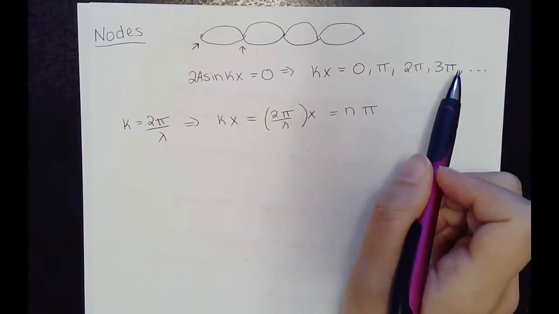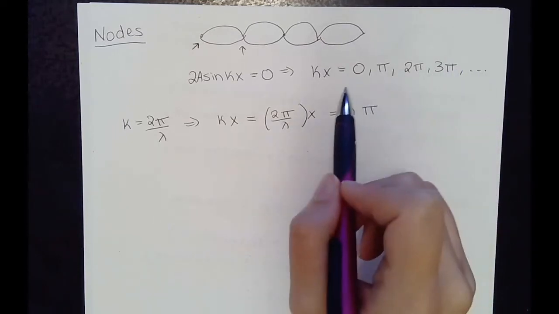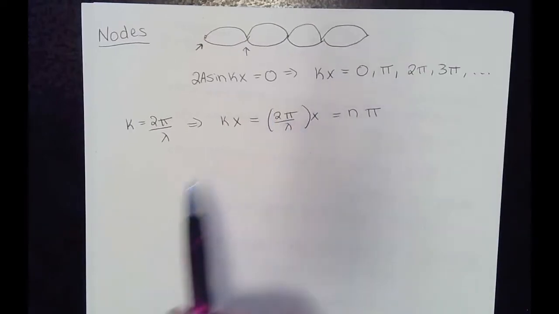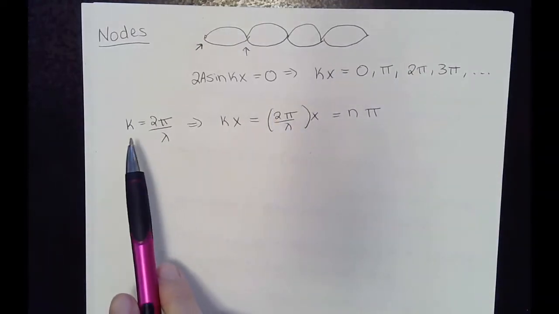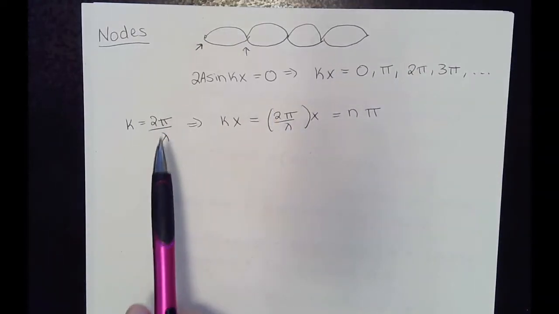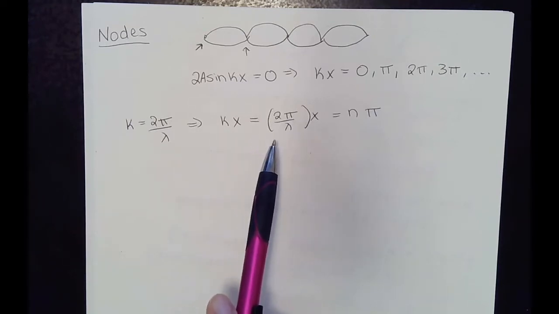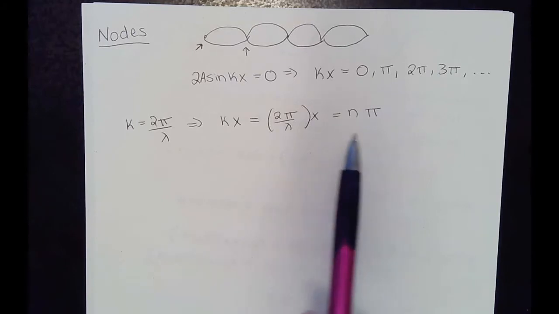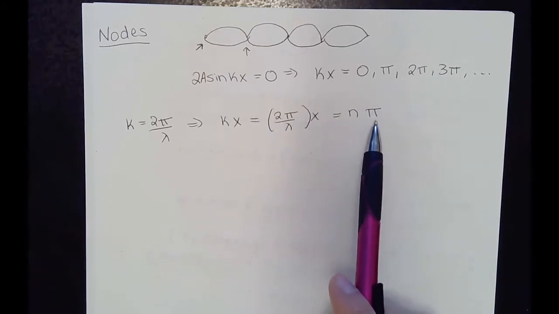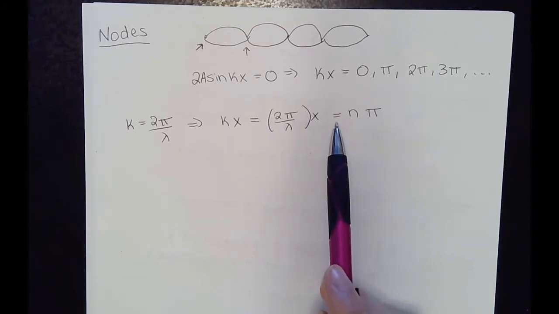Let's further see what this means for x in terms of the wavelength. We can plug in for k. K is the wave number, which is 2 pi over lambda. Plug that in here: kx equals 2 pi over lambda x. And as I was saying, this has to be a multiple of pi, so n here will be an integer.